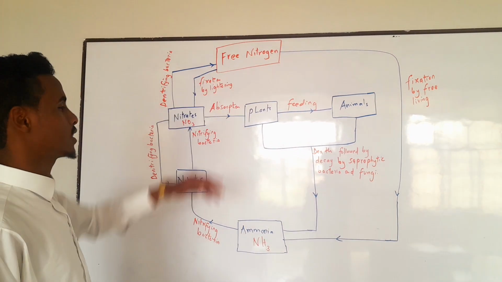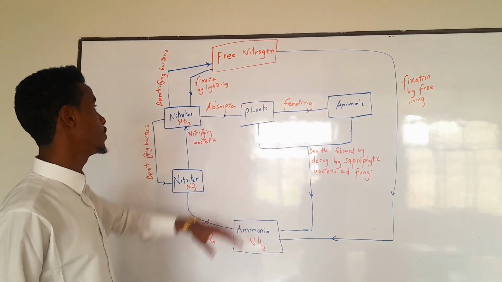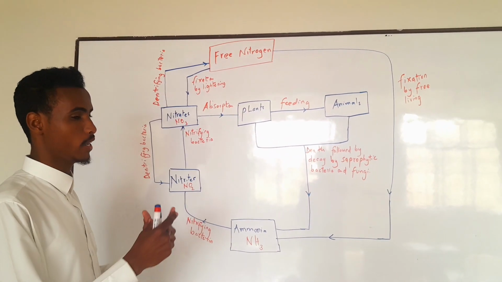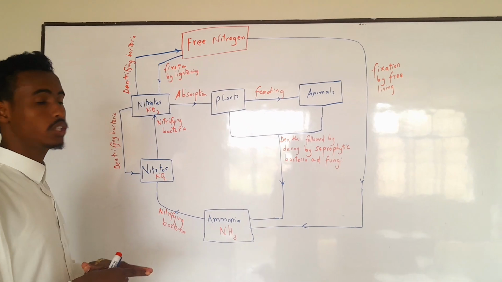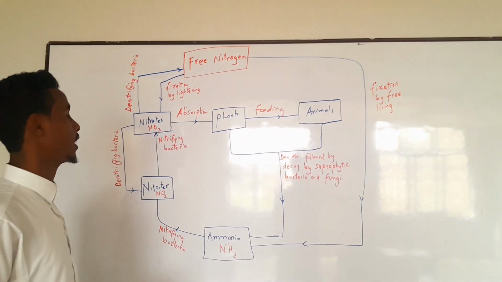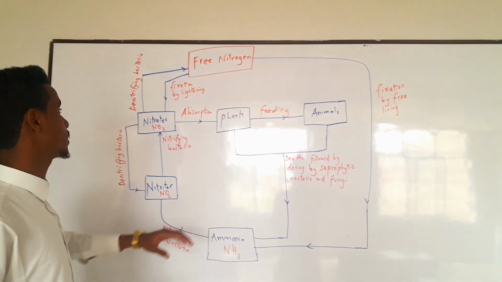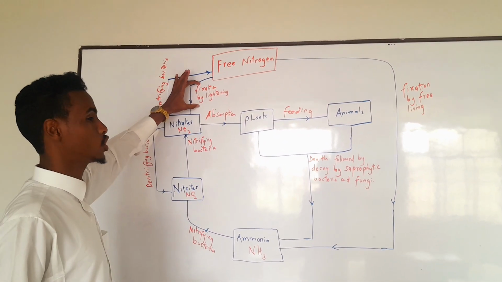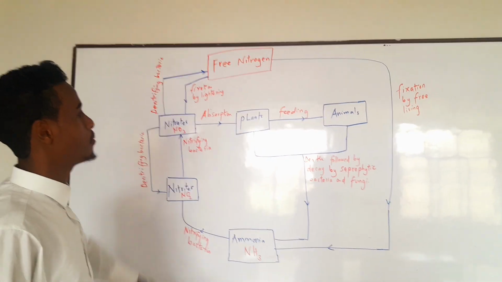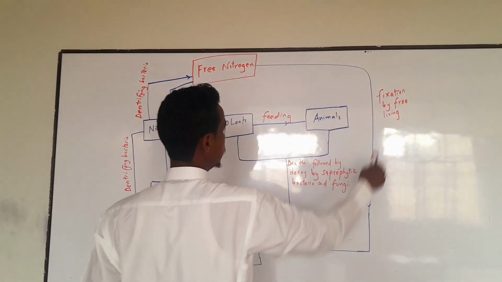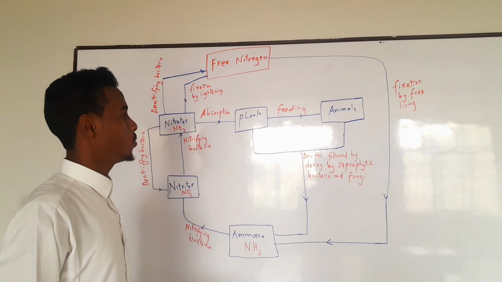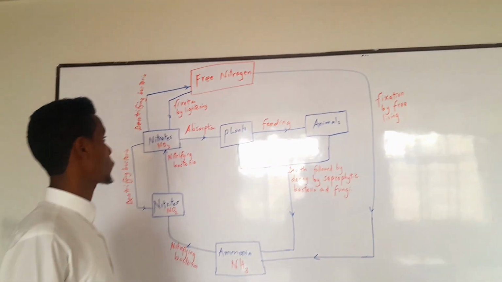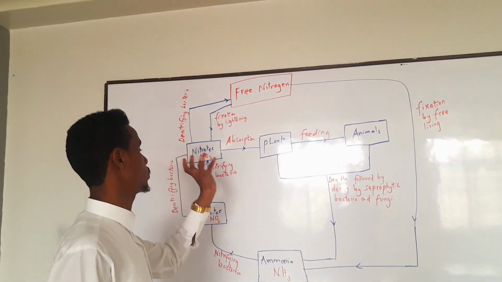If you look at this chart we have here today, this is the free nitrogen, and we can see that we have two ways of converting nitrogen into the form that can be absorbed by the plant. The first way of converting nitrogen gas is by fixation. Importantly, there are two ways of nitrogen fixation.